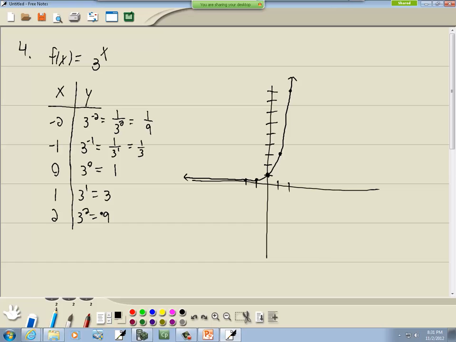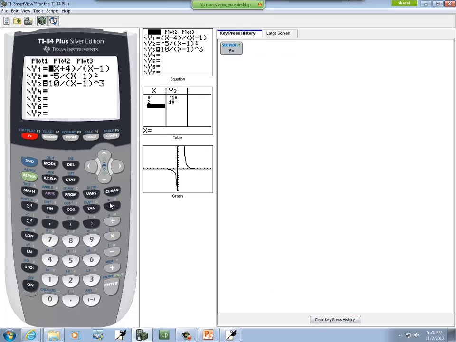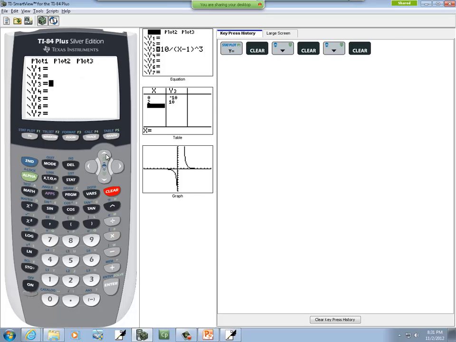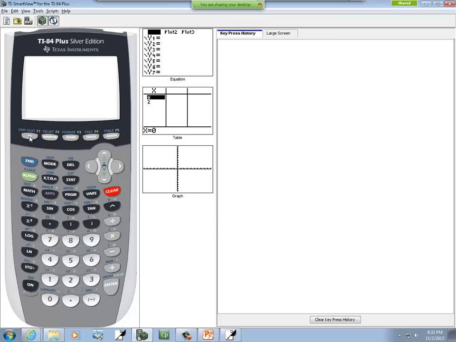Now, to do this on your calculator, what we'll do is we'll press our y equals to go in graph mode. I have extra junk there from before. Let me clear all that out. Okay, now let me start over. So you're going to go into graph mode, so you press y equals.